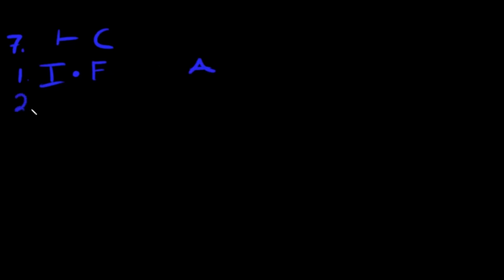Line 2. We stop with a period. Each period means we're on to the next line. It says, now, if the incubation period is from 10 to 50 days, so that I already had, if that, then if.